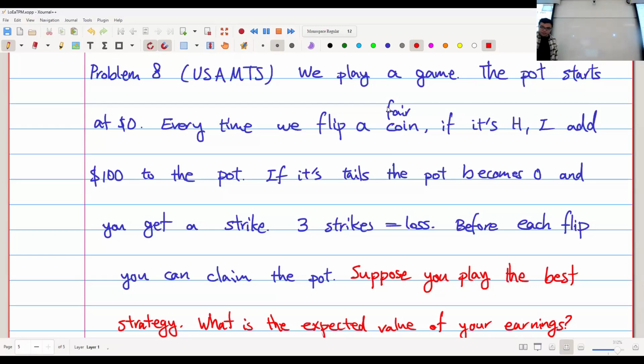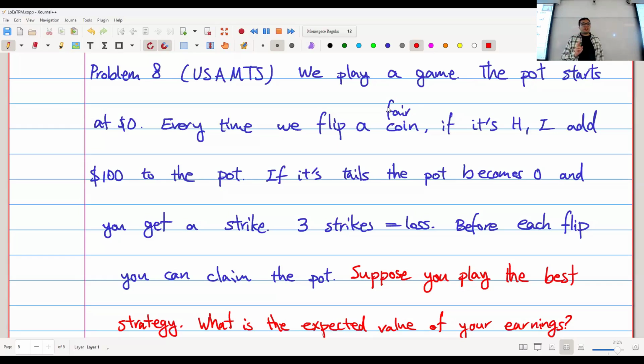Okay. So I'm not going to solve this for you, but I'm going to give you some pointers about how you should define your random variables. So first of all, it really matters how many strikes you have. First, imagine the case where you have 2 strikes and try to figure out what's the best strategy in that case.